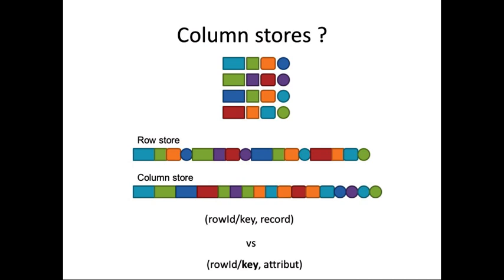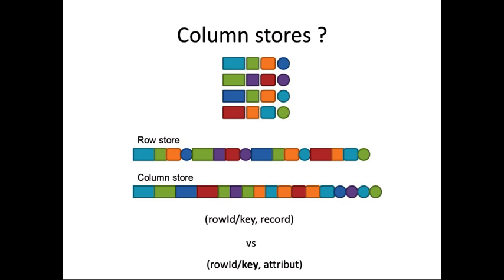We might want to do it by rows, so basically order the data as a collection of row ID, for instance, and then the record itself. Or we may want to organize the data at the physical level by column. And so this is illustrated here. This would be a row store in which we see one record after the other. And this would be a column store in which we see one column after the other instead.